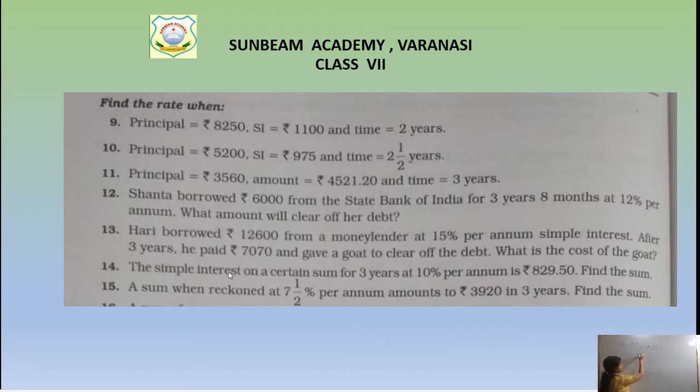Simple interest is also given, children. Simple interest is rupees 975. And time is given, 2.5 years. And we have to find the rate.